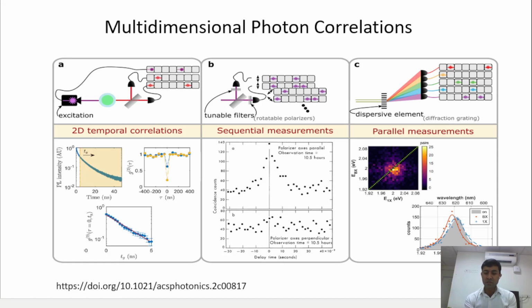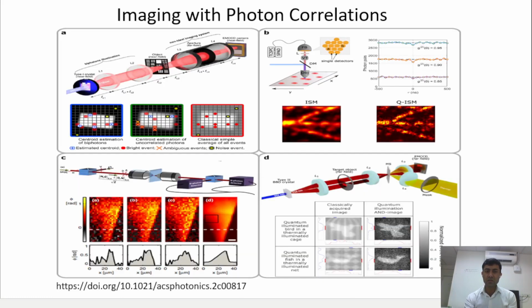So applying this method to semiconductor quantum dots enables measuring the doubly excited state spectrum within a few minutes. That is a fraction as compared to the previous two methods. So in this way the parallel measurements are mostly much more effective.